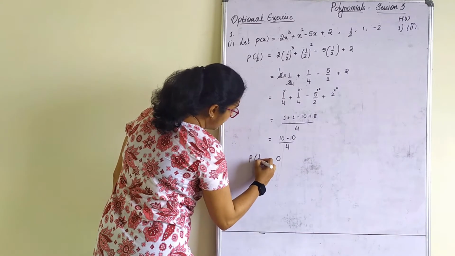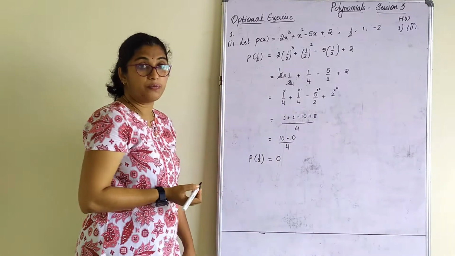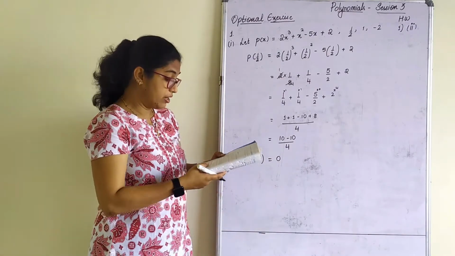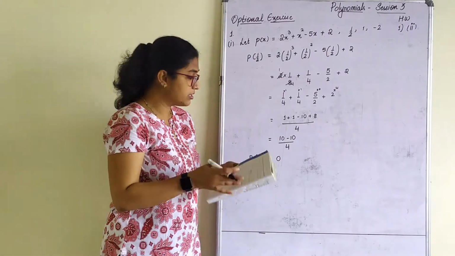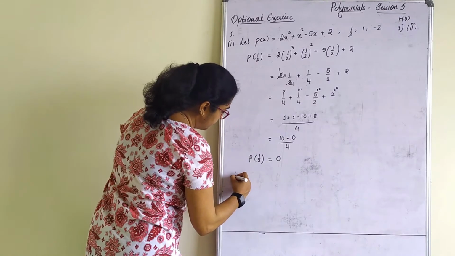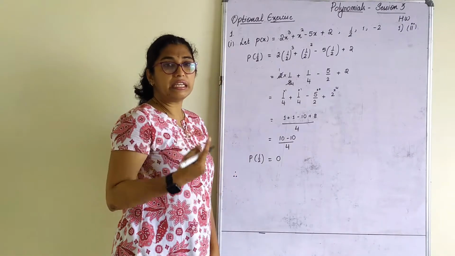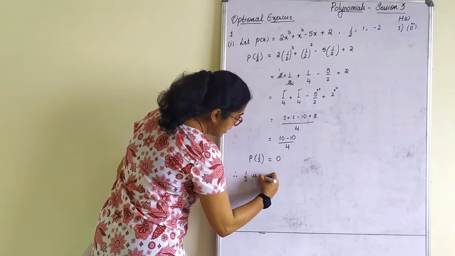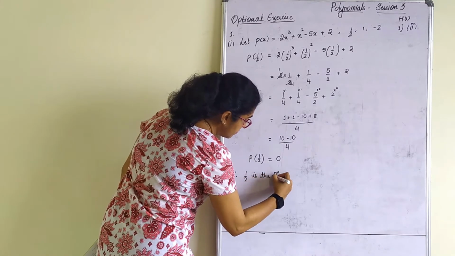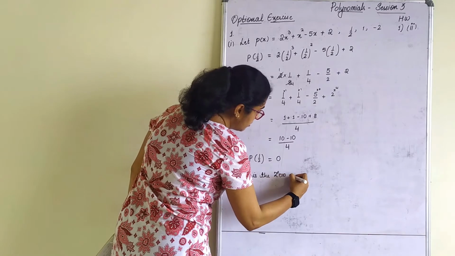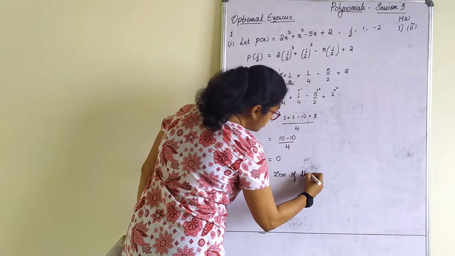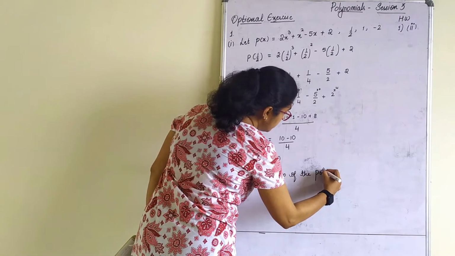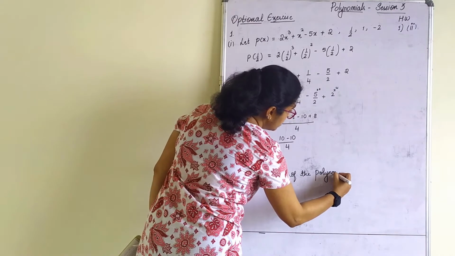So P of half is 0, right? So according to them, verify that they are zeros. We will write, therefore, a conclusion after each. Half is the zero of the polynomial.